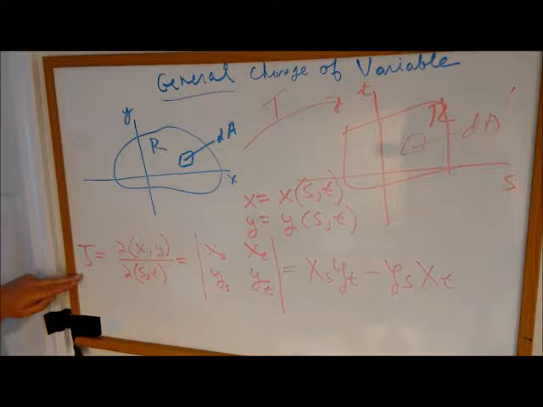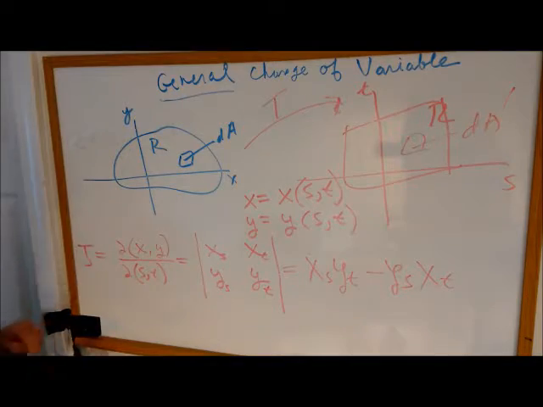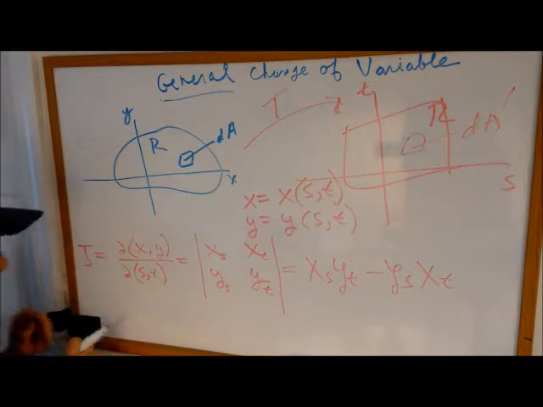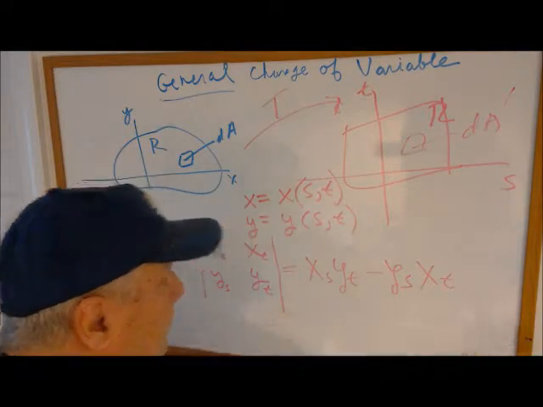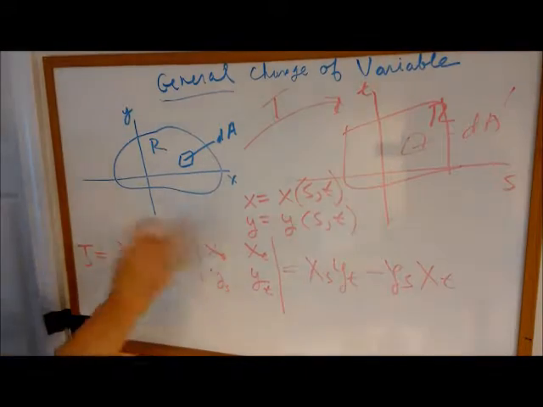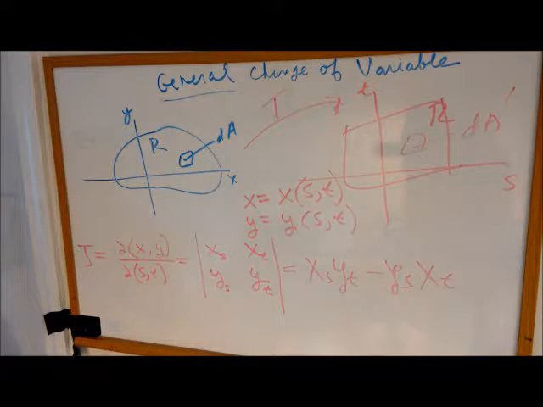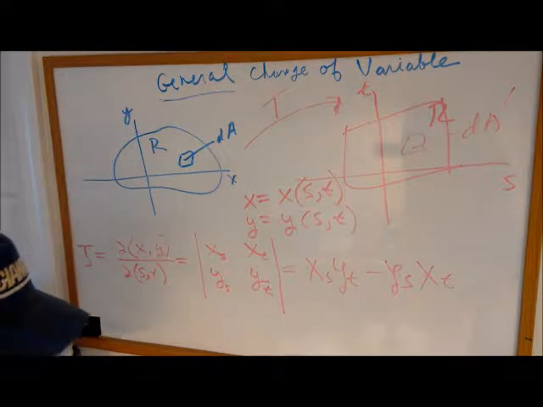And there we have it. So all we have to do is take the absolute value of the Jacobian and plug it into that formula that was on the board a couple of minutes ago. And we're done.